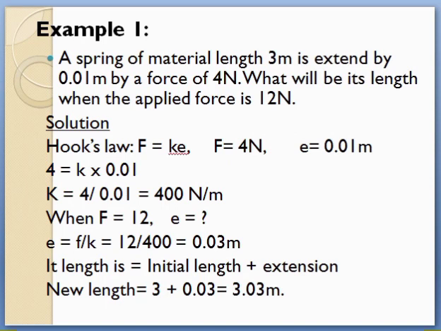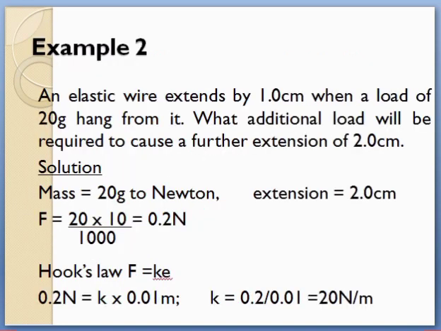So at the end of the day, we have it to be given as 12 divided by 400, which is now given as 0.03 meter. Now the new length after applying a force of 12 Newton is now 3.0 meter.